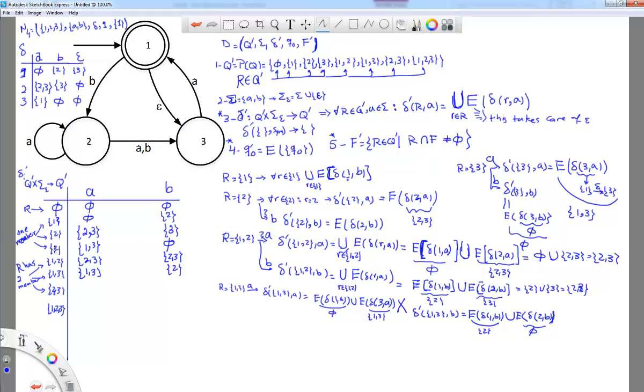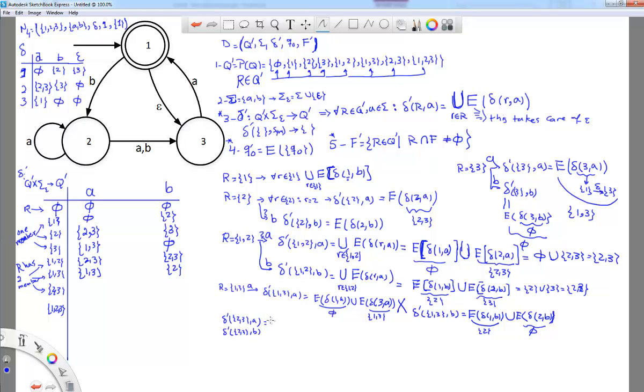Okay, so I did 1, 2, 1, 3, and now all I'm left with is delta prime of 2, 3 over A, and the delta prime of 2, 3 over B.